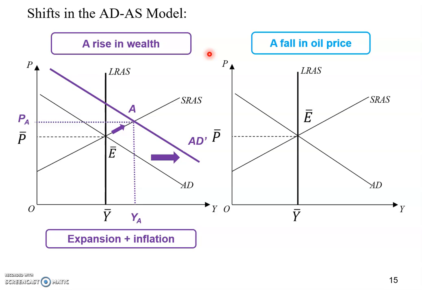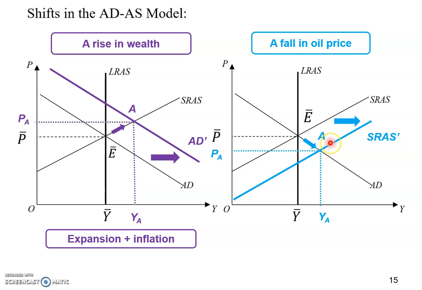So here what's going to happen is there's a rightward shift of the short-run aggregate supply curve. And we find the new intersection between SRAS and AD. Let's call it point A.